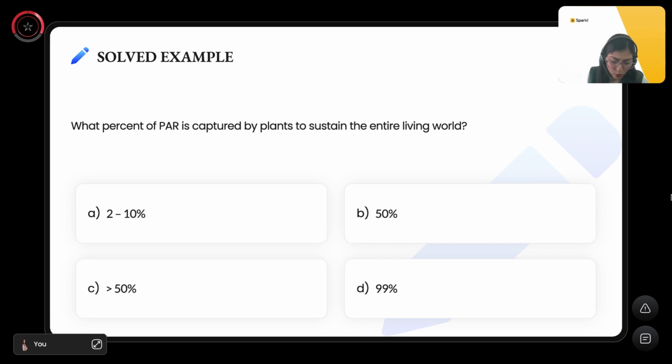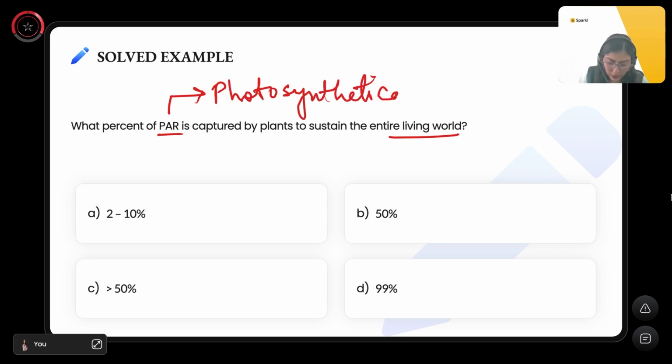Next question says, what percentage of PAR is captured by plants to sustain the entire living world? Now, what is PAR? PAR is photosynthetically active radiation.